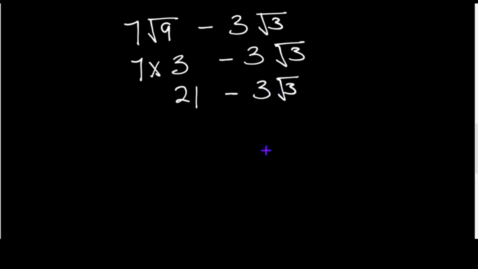And can this be simplified further? No, because the first expression, 21, doesn't have any radical to talk of having equal radicals with negative 3. So this cannot be simplified any further. And here is your answer.